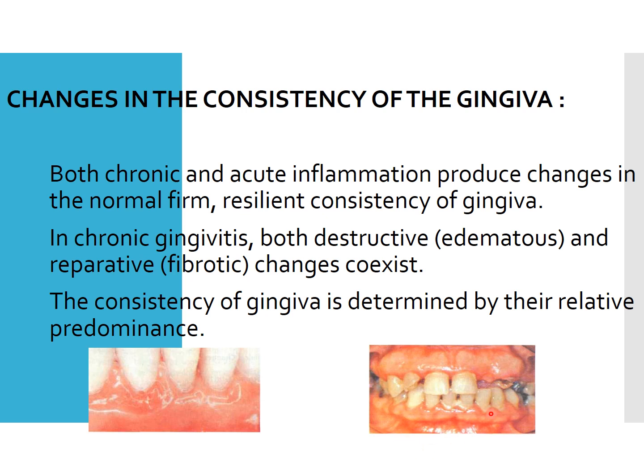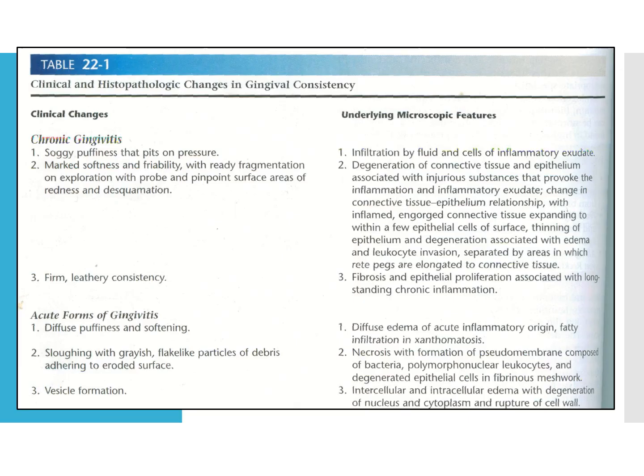So that is what happens when both coexist. The consistency of the gingiva is determined by the relative predominance. These are the clinical and histopathological changes in gingival consistency.